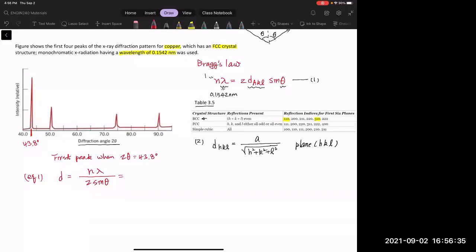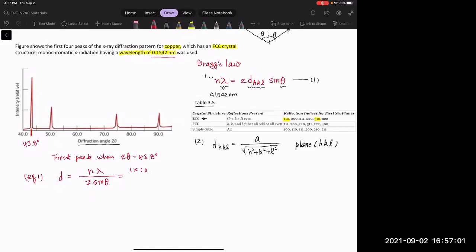And how do we know the n? This n here is the integer number of the wave difference of 2 X-rays. This is not the coordination number. It's not the same n that we used before. So over here, we're going to have a 1 to represent the n. And what is the lambda? Lambda is this wavelength.